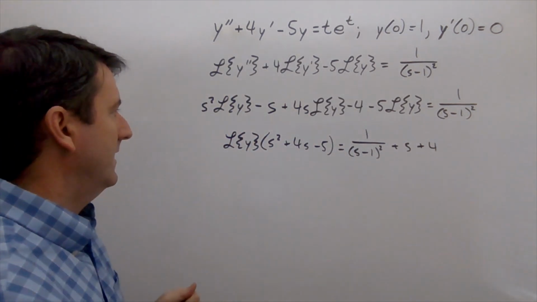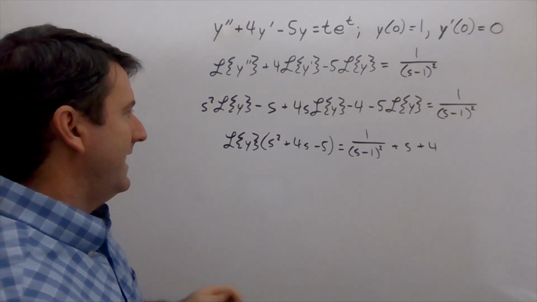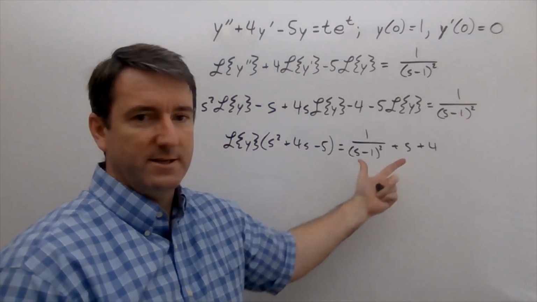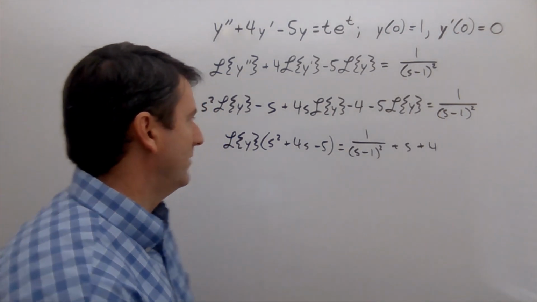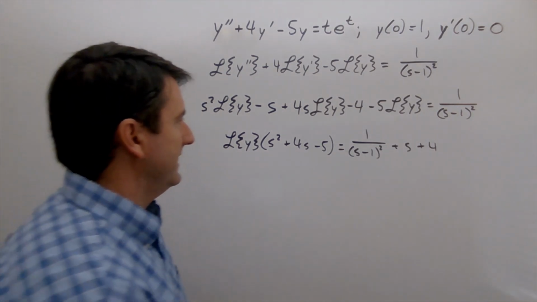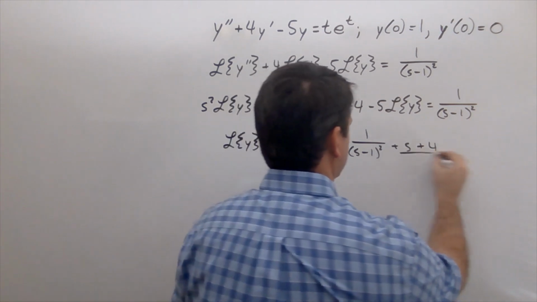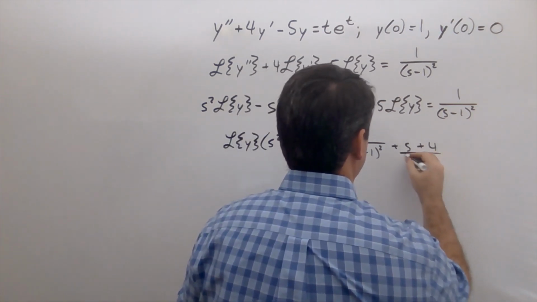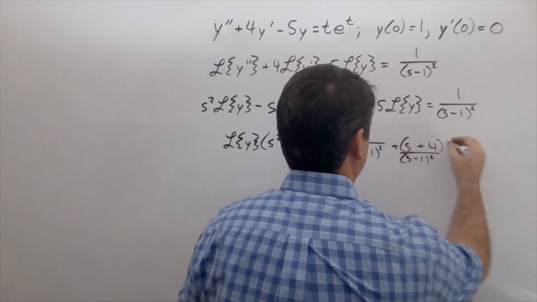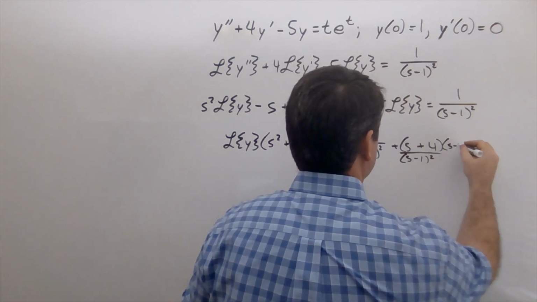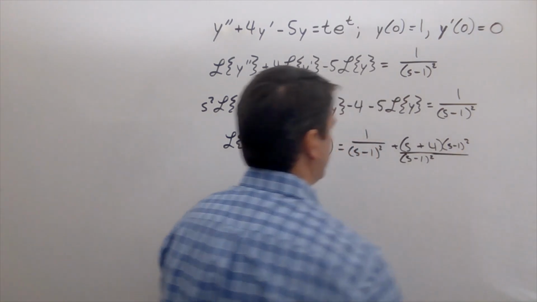All right, now let's combine that into one fraction here. So we're going to need this s plus 4 to be over s minus 1 squared. And to do that, we're going to need to multiply by s minus 1 squared on the top as well.